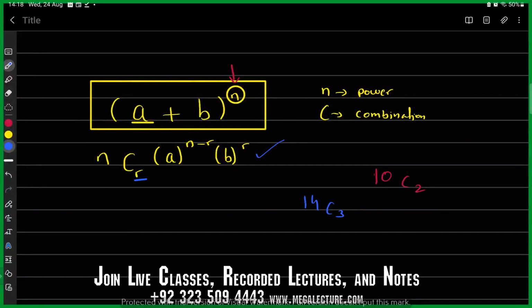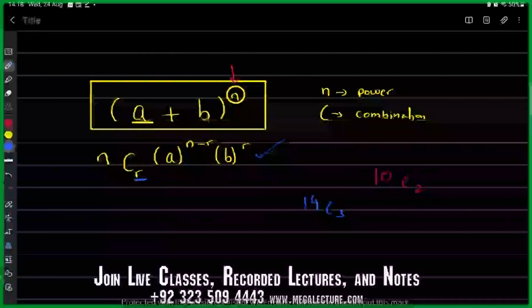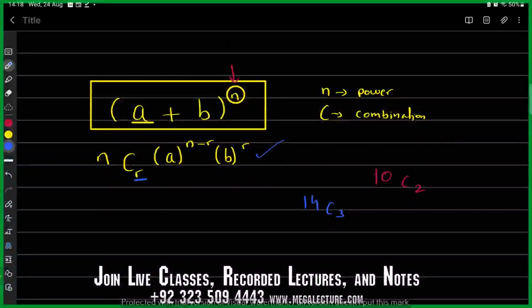Yes, Rafi, is it okay now? Yes, miss. So n is the power, C stands for combination, but forget it because you will be using a calculator directly. And r is a number that is varying, but obviously r has a lot more to do with finding some specific coefficients. For now, we just discussed how to find all the coefficients.